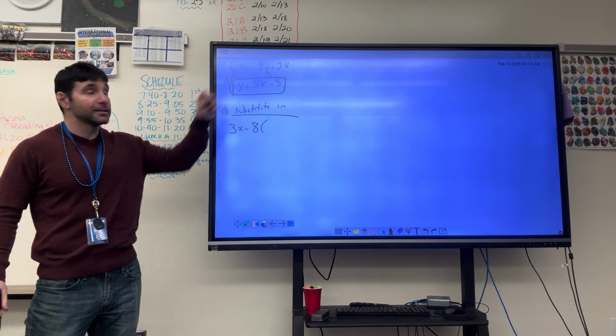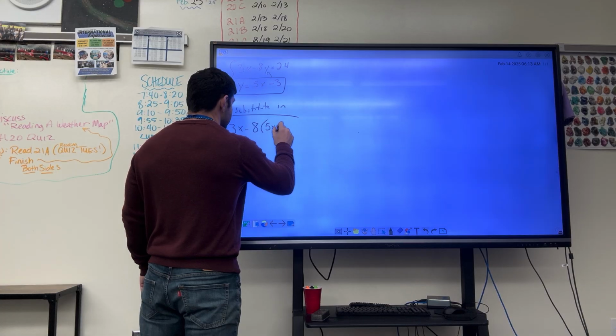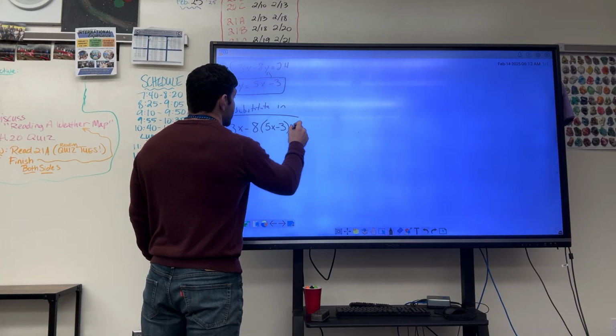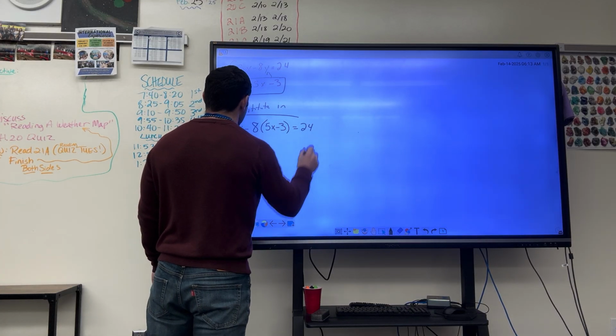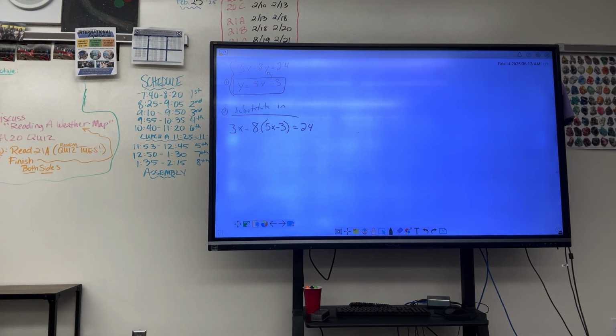Y is 5x minus 3. Then I finish it off by equals 24. The method is called substitution. You will be substituting in over and over and over.